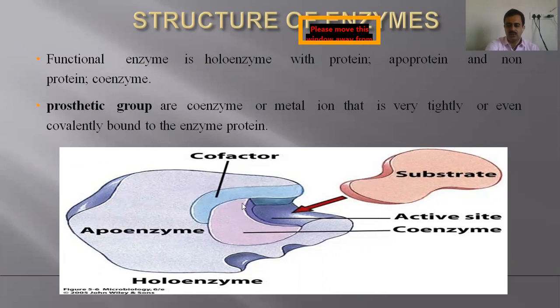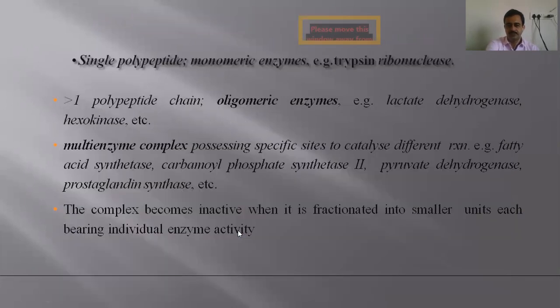And this is the coenzyme, which is helpful for binding of that particular substrate. Prosthetic group or coenzymes are metal ions that are very tightly or even covalently bonded to the enzyme. Single polypeptide chain, oligomeric enzymes like lactate dehydrogenase, and multi-enzyme complexes are categorizations of enzymes based on their abilities to degrade the substrate into product.